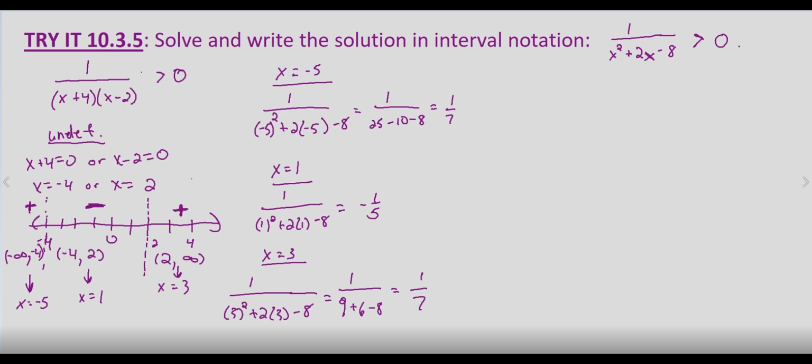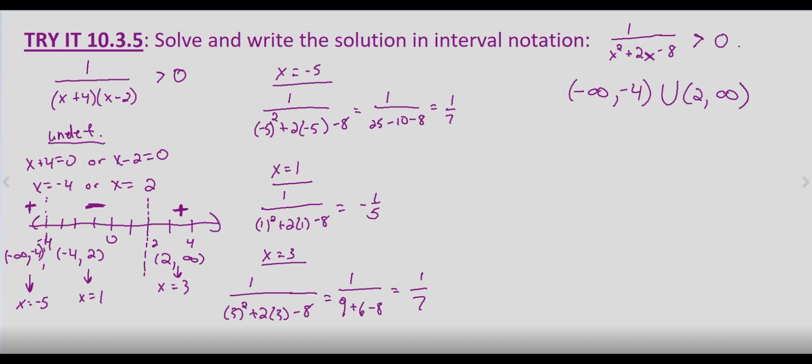So non-inclusive because our inequality is strictly greater than. It doesn't include equals. And we're going to say that the solution is the first interval, negative infinity to negative 4, combined with, so union, our last interval, 2 to infinity.